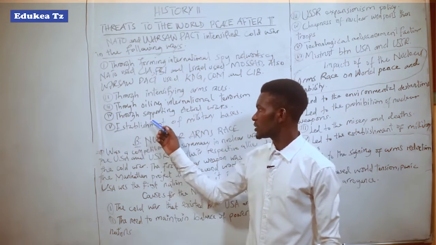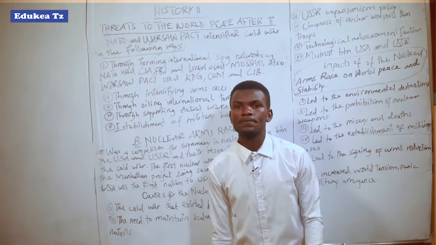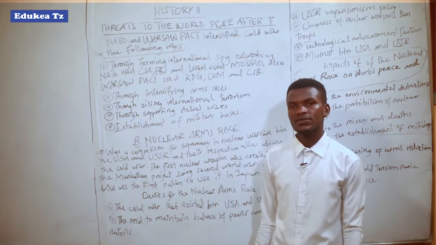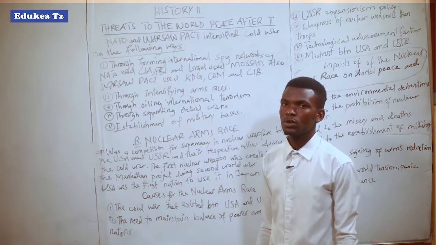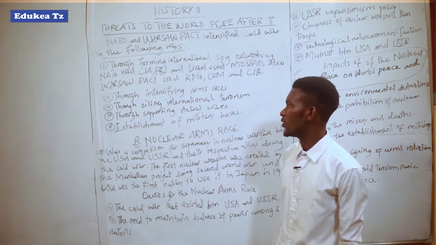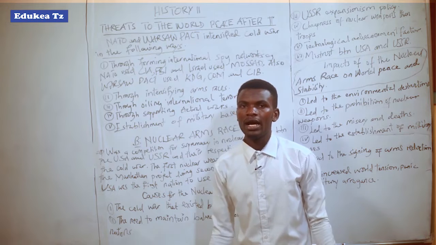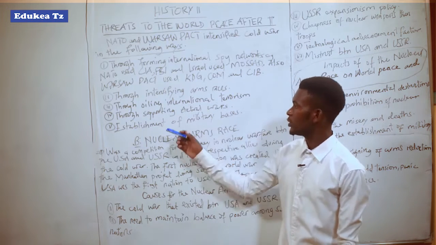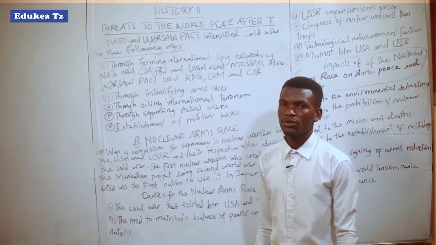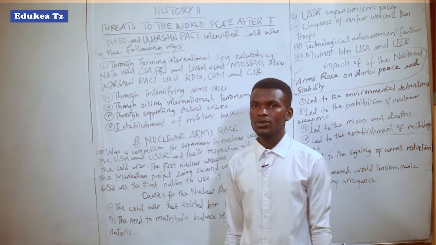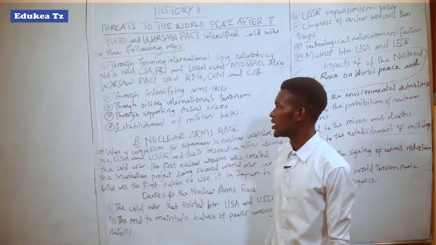Another way was through supporting actual wars. This was another way of intensifying the Cold War, whereby each bloc supported the side that was supporting its ideology. For example, during the Korean War, the USSR supported North Korea because North Korea was supporting the communist ideology.